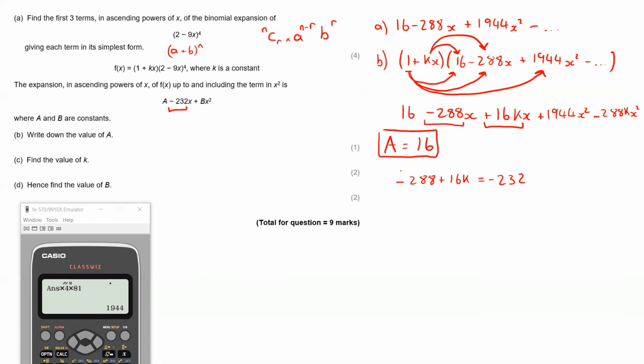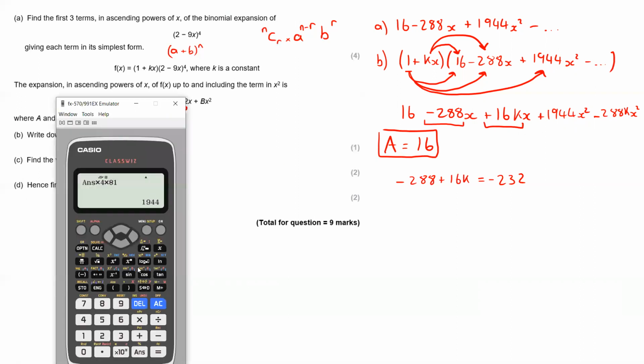So I just have to solve this effectively. So I can see from this, if I do minus 232 plus 288, that's going to tell me what 16k is. And then when I divide by 16, that tells me that k is going to be 7 over 2. So not the nicest number here, but some positive value. Stick that in a box.